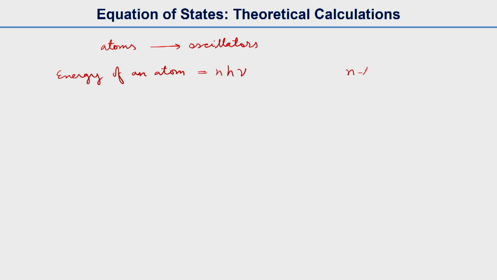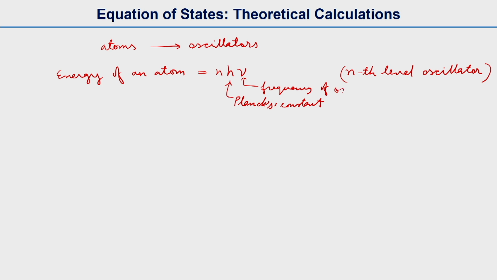It is called the nth level oscillator, and h is Planck's constant, and nu is the frequency of vibration or oscillation of those atoms.